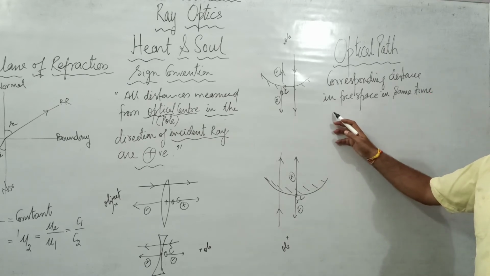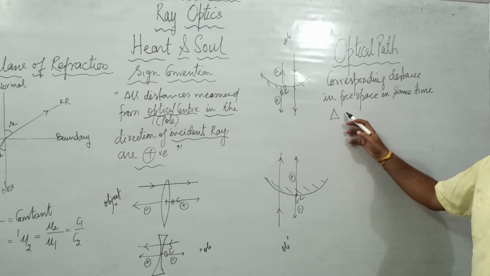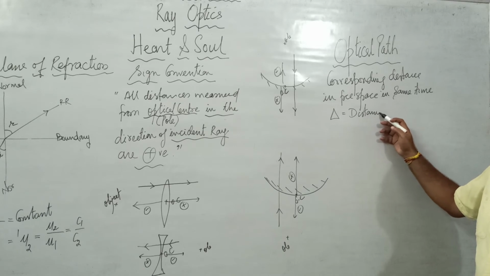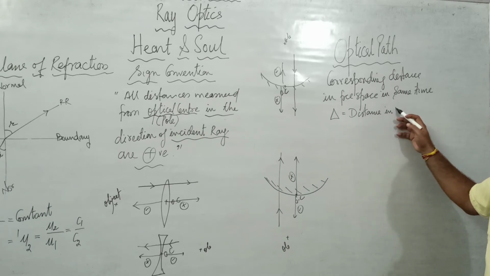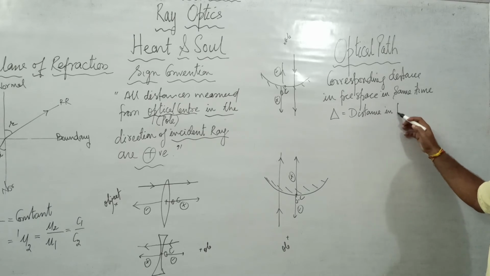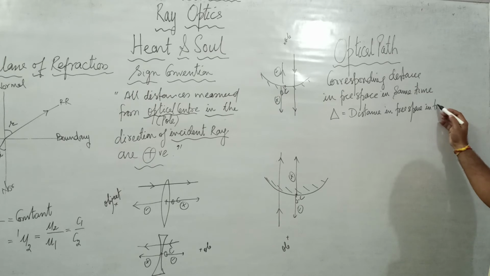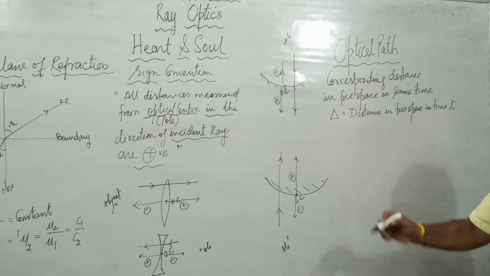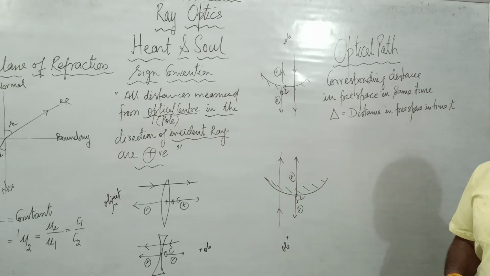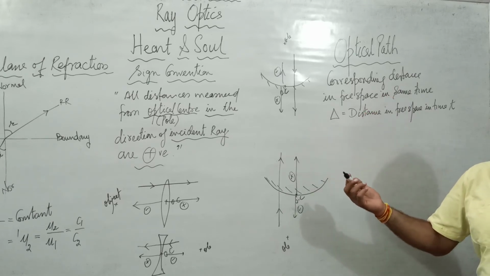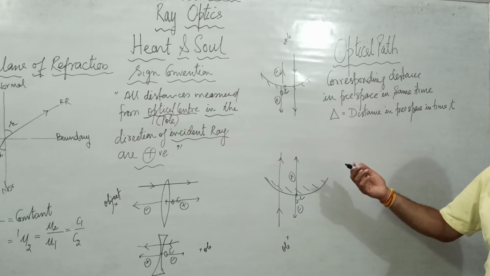Suppose light travels distance delta. Delta is what? Distance in vacuum or free space in time t. Then what distance is it going to travel in the medium where refractive index is n?